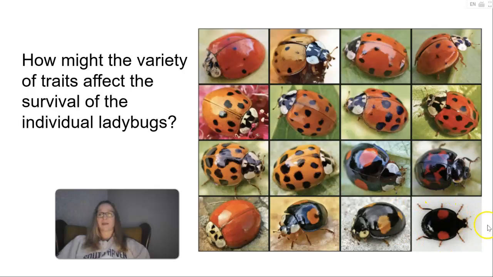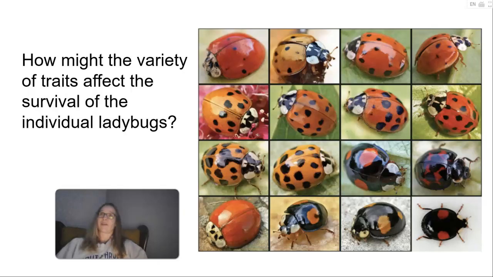Does looking like this one benefit them or cause a disadvantage compared to one that looks like this? How might their phenotype affect their survival? Hopefully at this point you are thinking in terms of camouflage, and in order to survive you have to not be eaten by a predator.